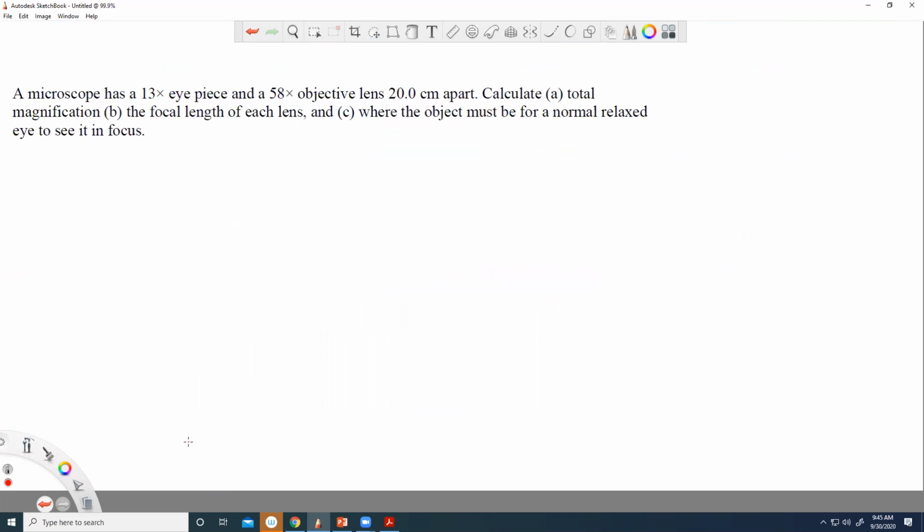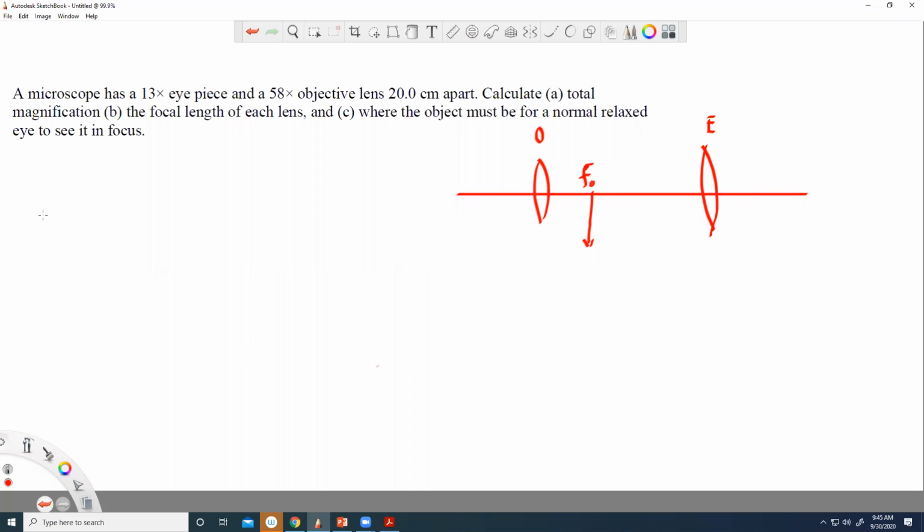Okay, so let's think about this. So we have that lens, and our final image is at the focal length of this one. So at f, this is objective, this is eyepiece, so this is FO.